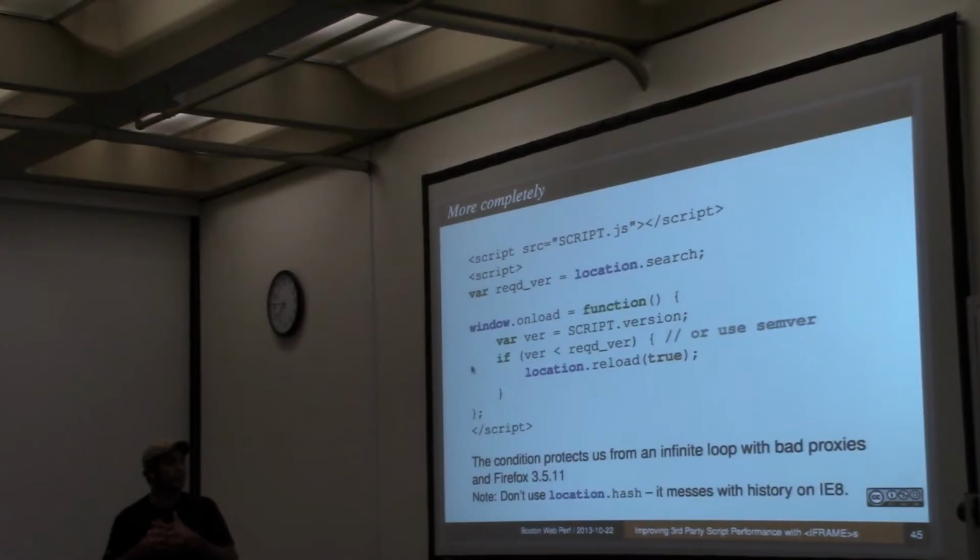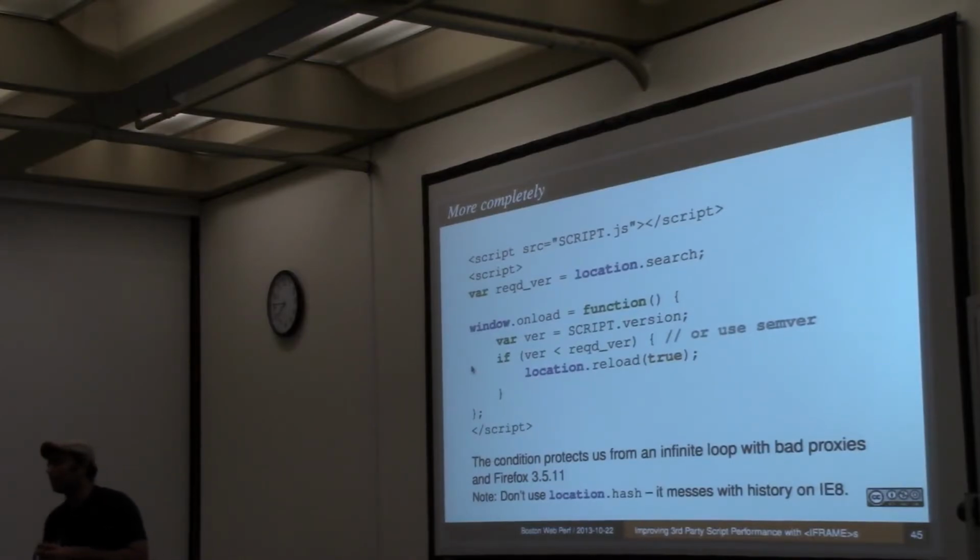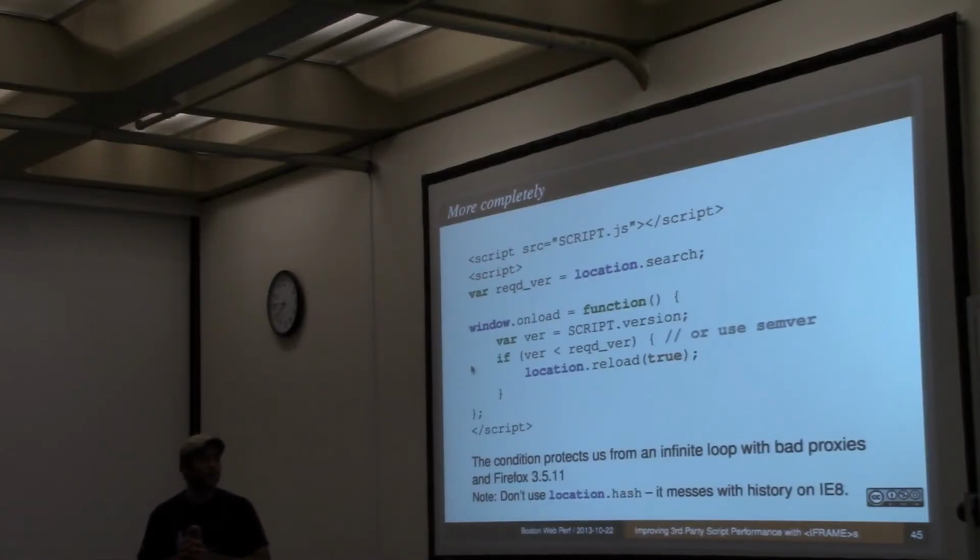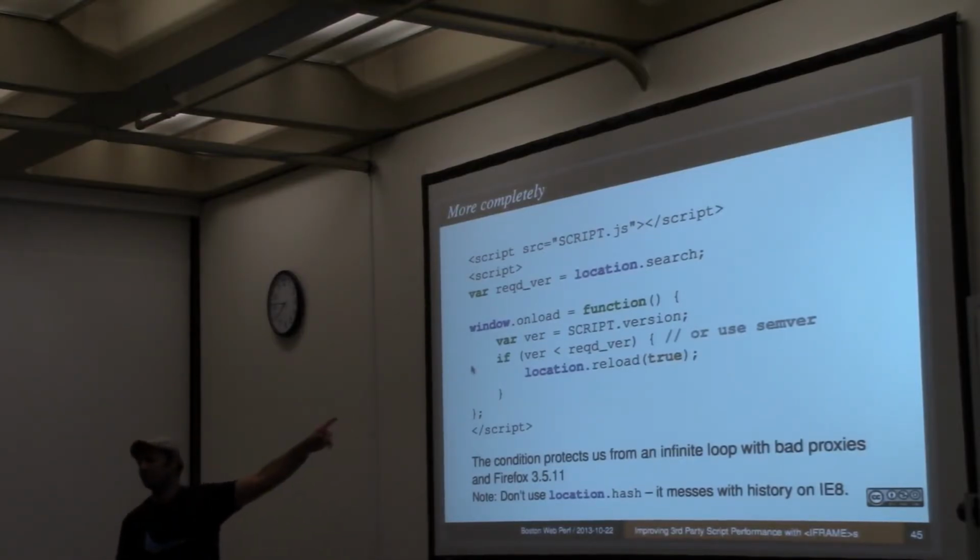And then Internet Explorer 8, if you mess with the location hash, will add it to the history. So when the user hits the back button, it'll actually just go back to the page that had the old version, instead of going back to the main page in the browser.